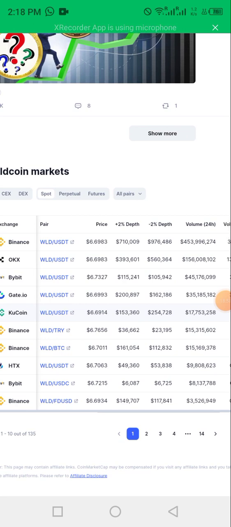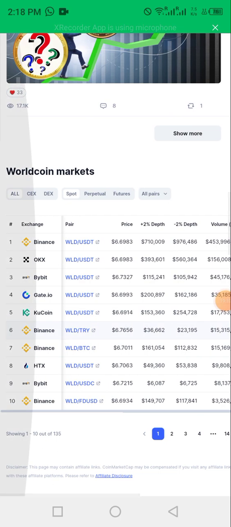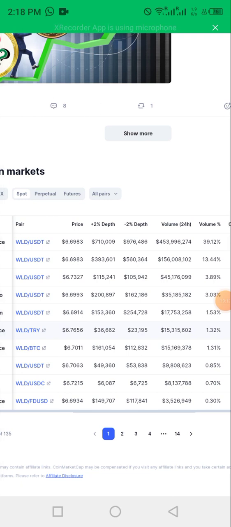So Wild on Binance has the highest volume of $453,996,227. Since we are trading on our Bybit exchange, it gives us a volume of 45,176,099 USDT.